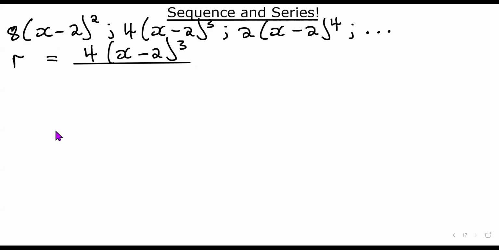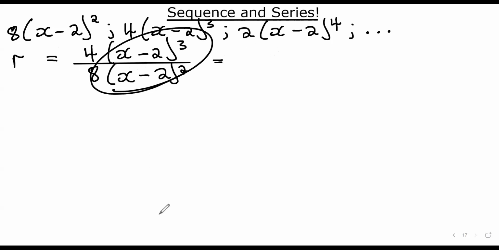They told us that the sequence is geometric, so we don't need to prove that it's geometric. So 4 divided by 8, we simply get a half. And dividing powers of the same base, we subtract the exponents. So this means we actually have (x − 2) divided by 2.